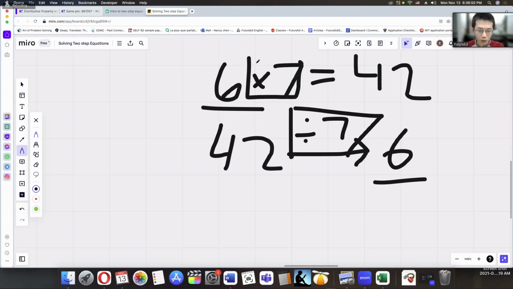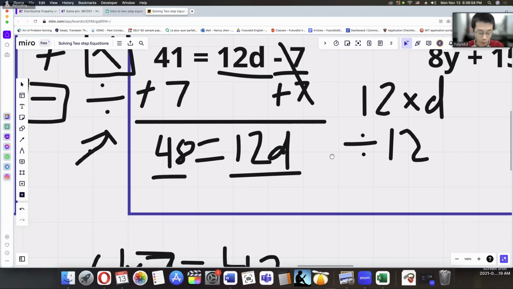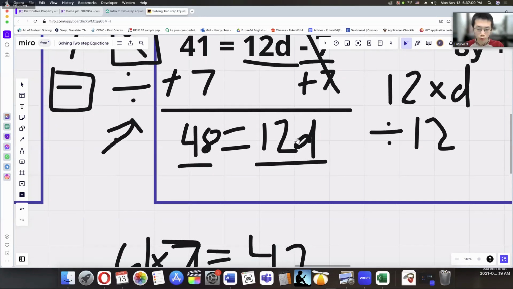So now instead of a 6, we're gonna go back up and replace it with a d, or with a 12. So before it was 12 times d is 48. And to get rid of the times 12, you said you wanted to divide by 12, right? So if you divide by 12 on the right side, is that it?